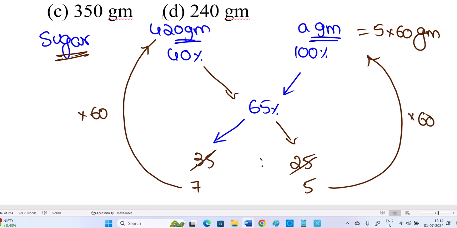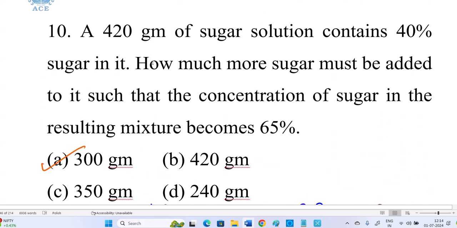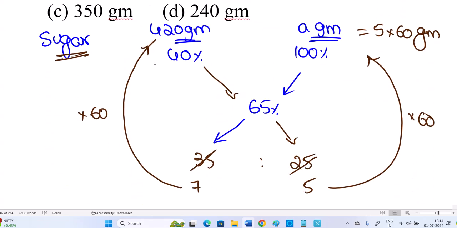Among 420 grams, sugar is 40%. Now you are adding A grams of pure sugar, 100%. Because of that, finally sugar becomes 65%. Take the difference, put it on the opposite side. The difference should be positive. Now see the next question if you are okay with this.